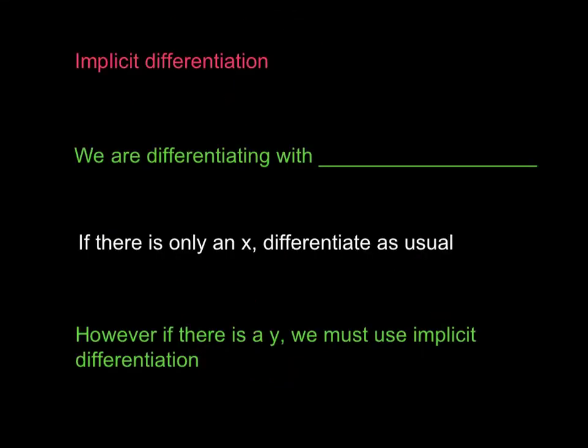So in order to solve those equations, we're going to use implicit differentiation. We are differentiating with respect to x. So what that tells us, if there is only an x, just differentiate as usual, whether it's power rule, product rule, chain rule.